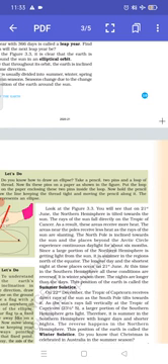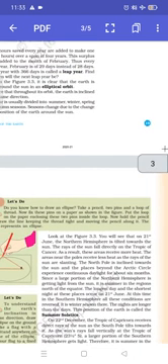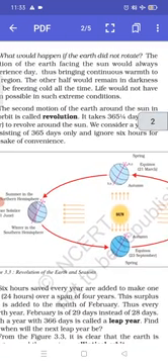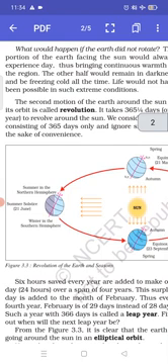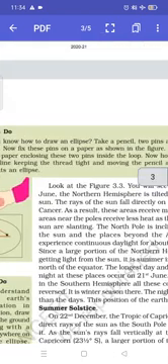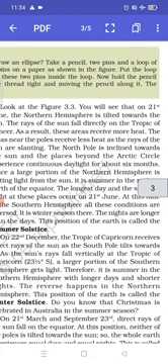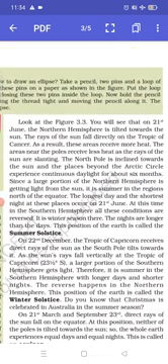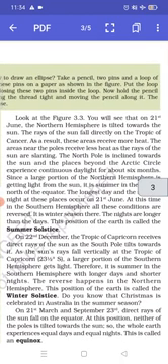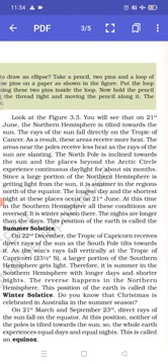Look at figure 3.3. You can see 21st June, that is summer solstice. On 21st June, the northern hemisphere is tilted towards the sun. The rays of the sun fall directly on the Tropic of Cancer. As a result, these areas receive more heat.